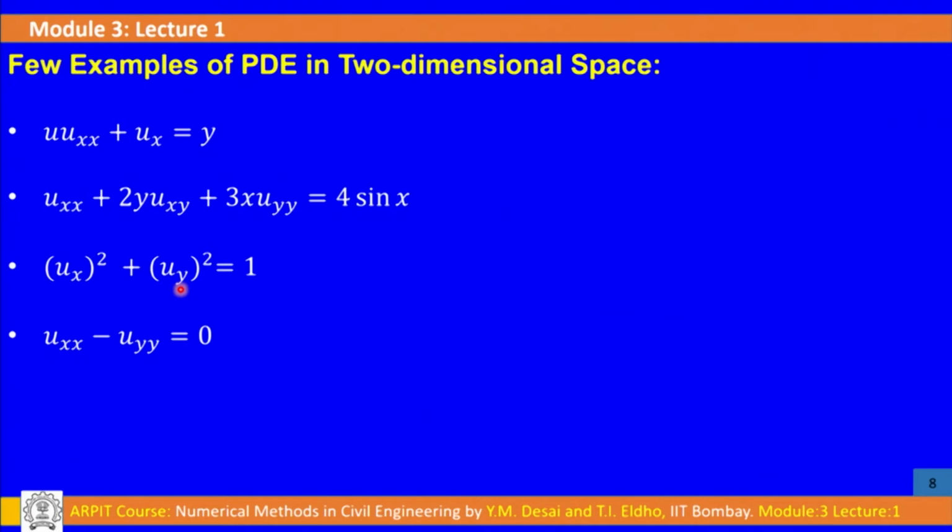Similarly, other examples: u_x square plus u_y square equal to 1, and u_xx minus u_yy equal to 0. We can think of a number of partial differential equations depending upon the physical problem being described mathematically.